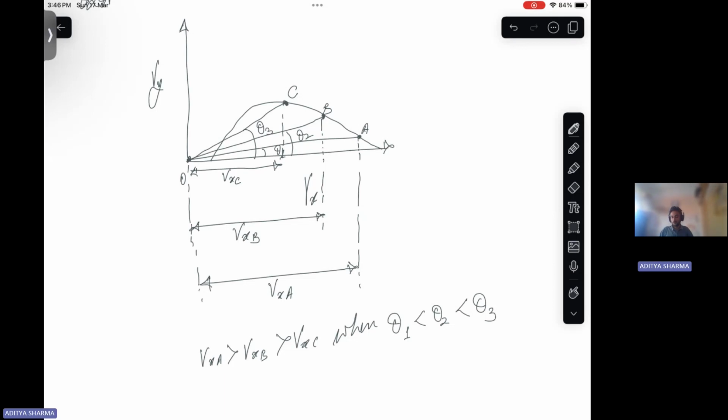For theta 1, which is the A case, Vxa, the X component is the highest.